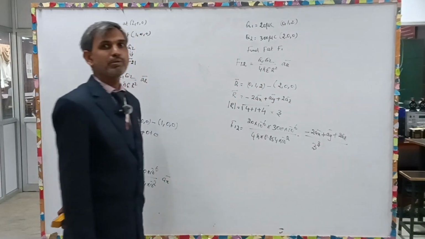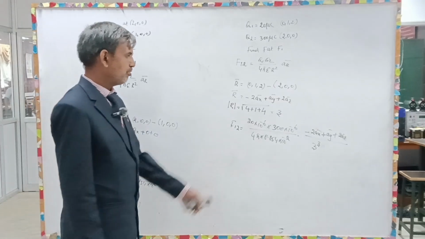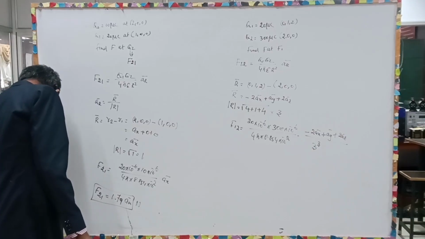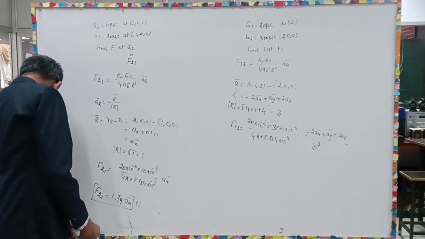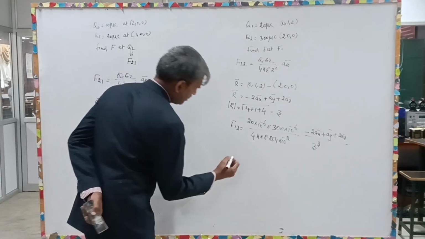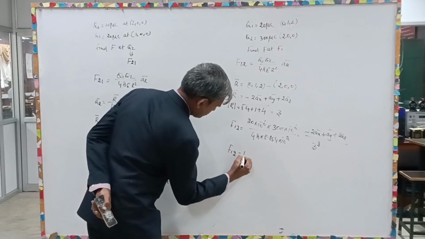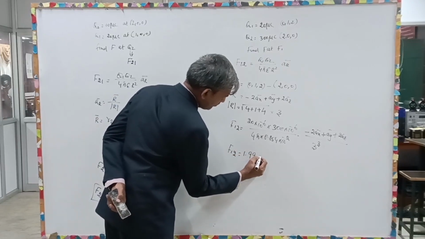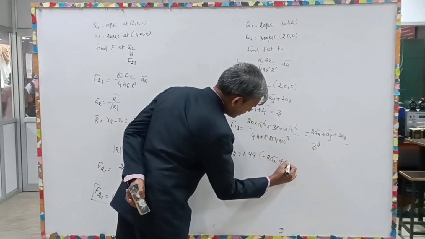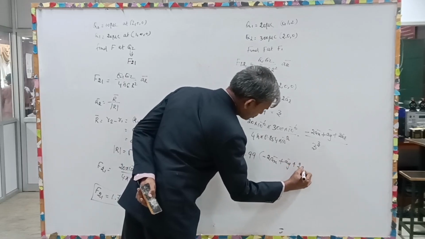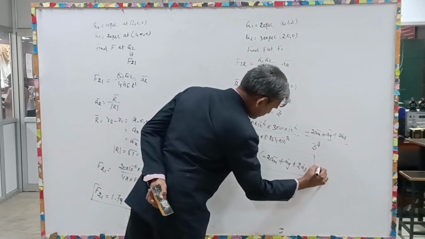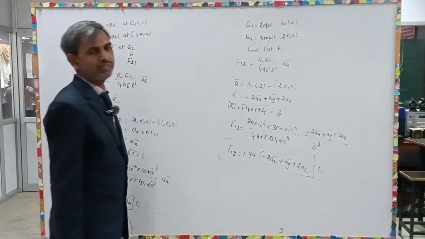So we can simplify this and find the force. If you simplify this, we get F12 is equal to 1.99 into minus 2ax plus ay plus 2az. The unit of the force will be Newton.